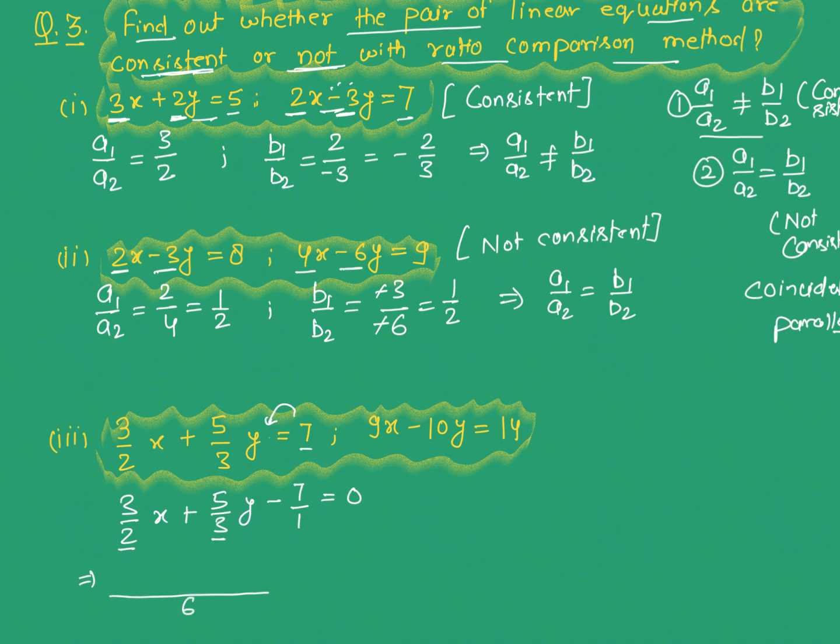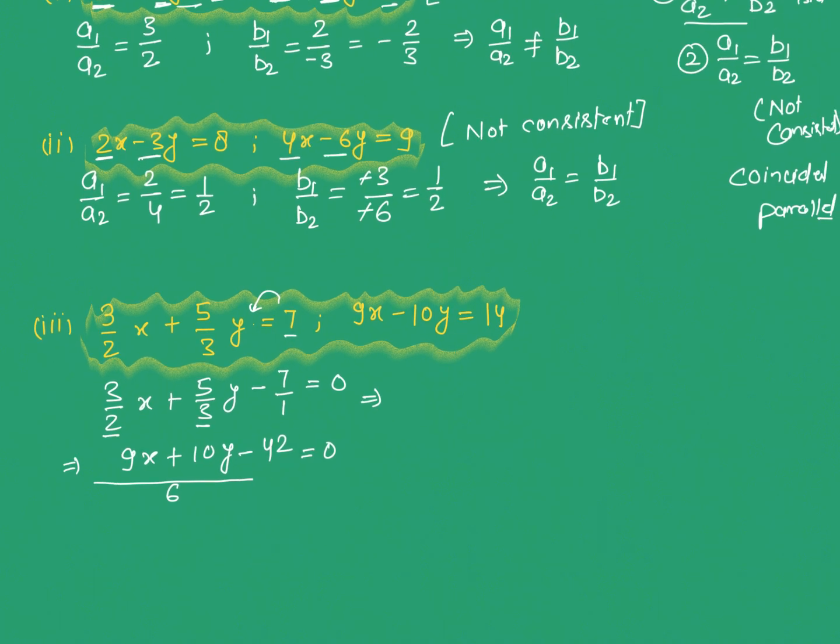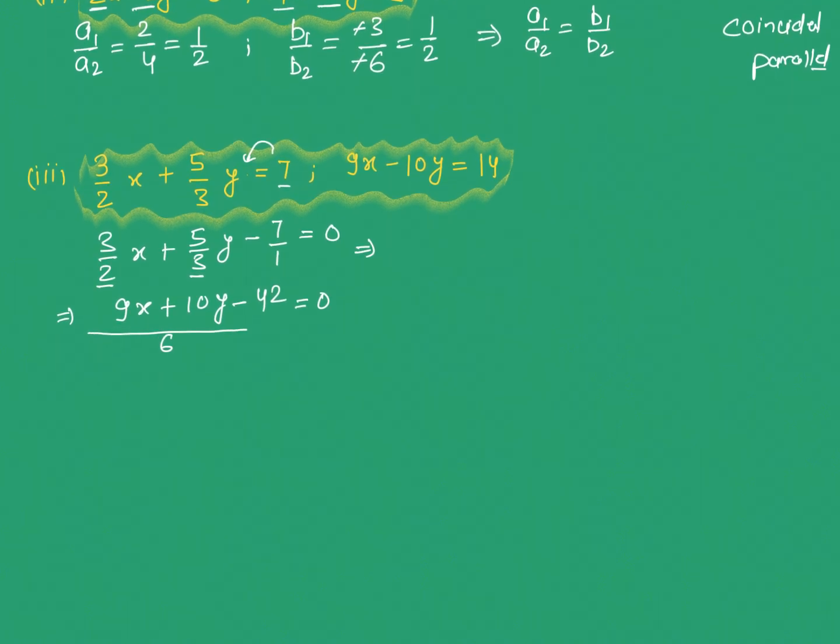And if we solve it, 2 threes are 6, 3 threes are 9x plus 3 twos are 6, 5 twos are 10y minus 1 six is 6, so 7 sixes are 42 equals 0. So this equation can be further written as 9x plus 10y minus 42.